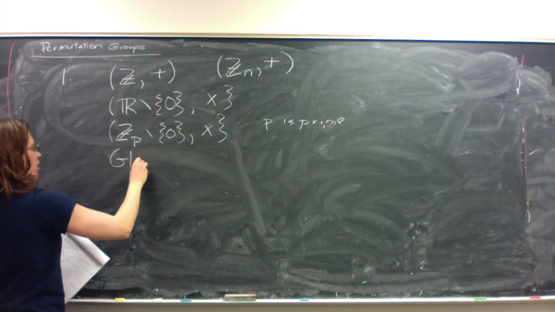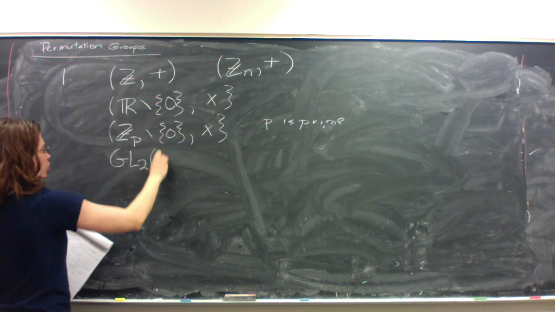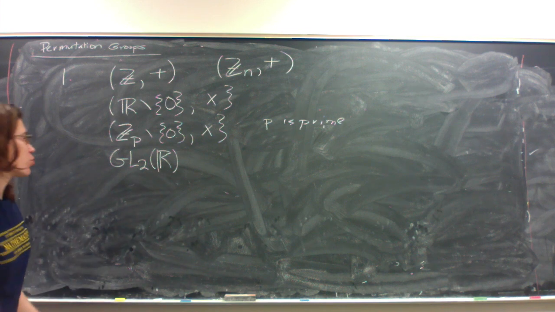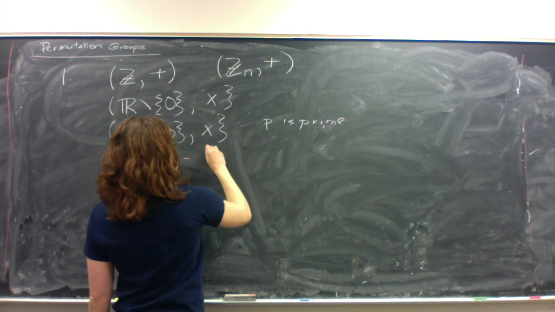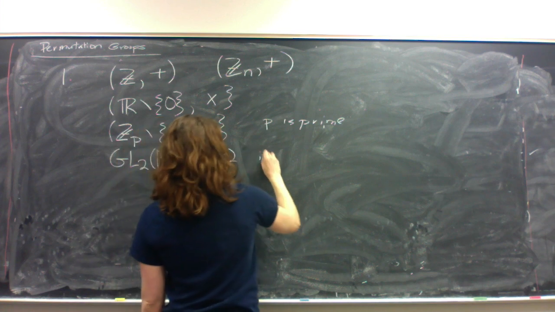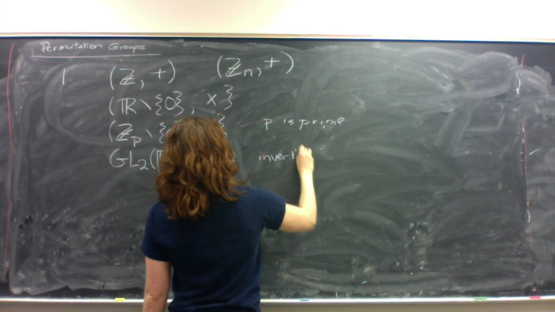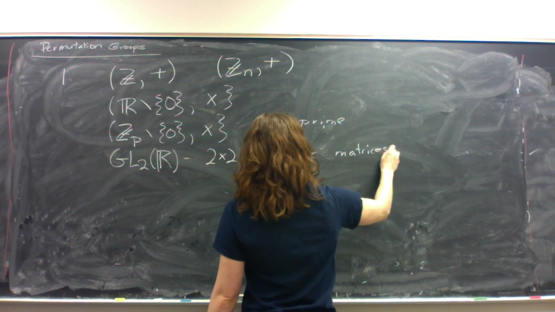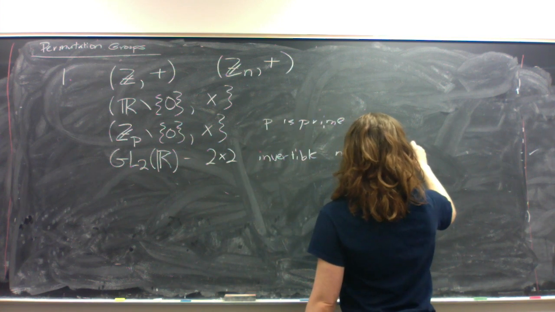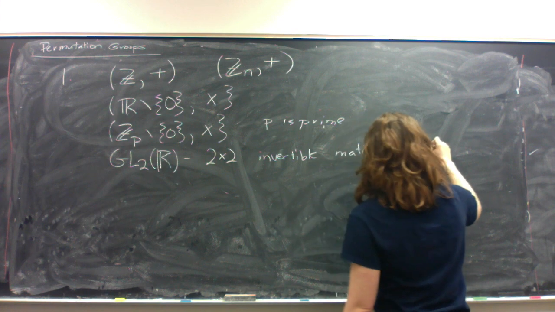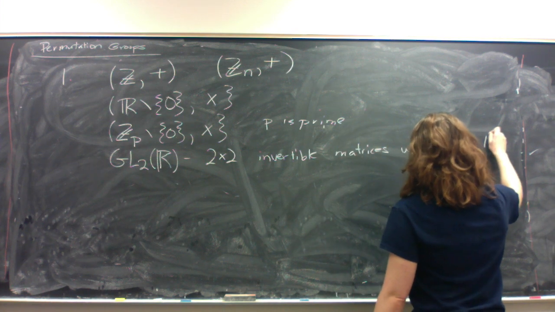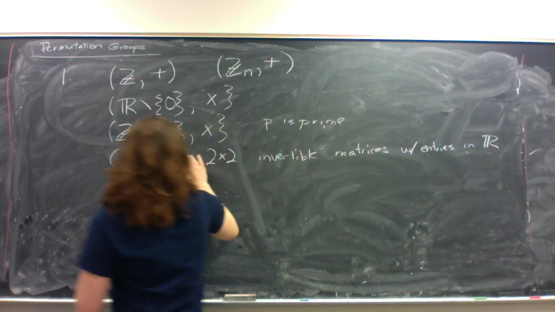And if I take the general linear group, or GL2R, this consists of 2 by 2 invertible matrices with real entries, or entries in R, with multiplication.